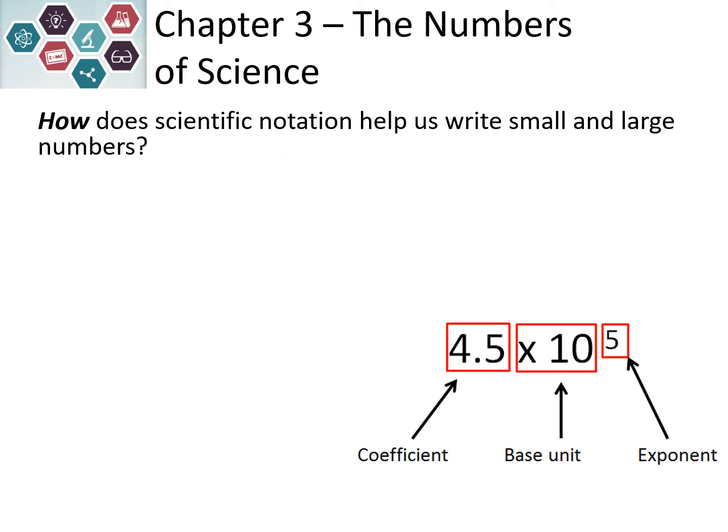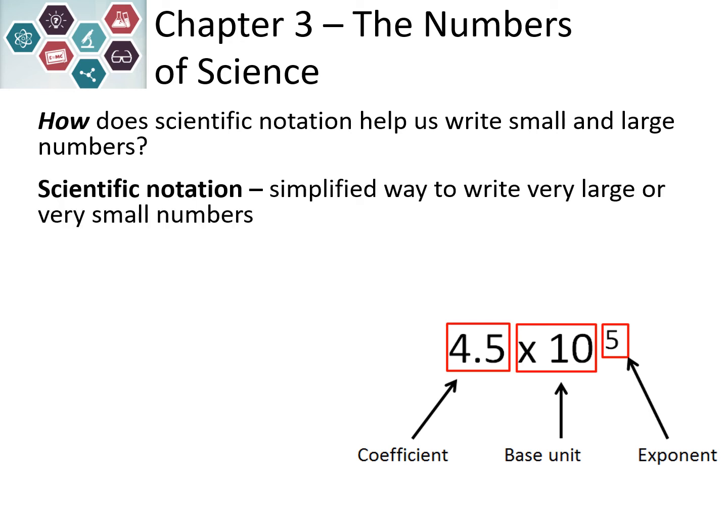Now, when we're writing numbers that are very small or very large, we use something called scientific notation. It simplifies the way we write those numbers. We have a coefficient that is at the front, and that falls between 1 and 9.9.